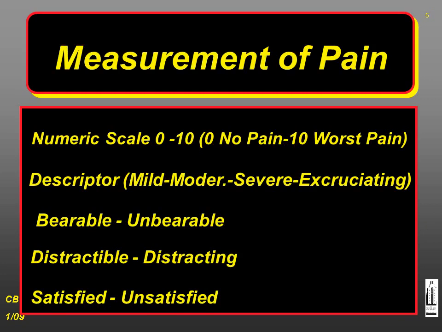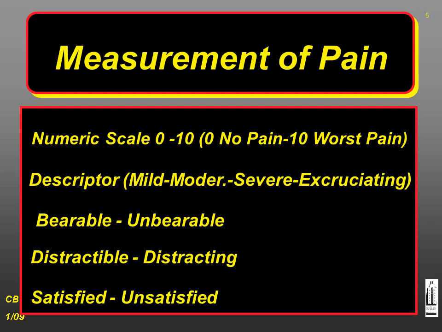The numeric rating scale from 0, no pain, to 10, the worst imaginable pain, is the most frequently used scale. While many patients understand the scale, many others do not. Some patients report pain to be 15 or 20, while the highest rating has to be 10.